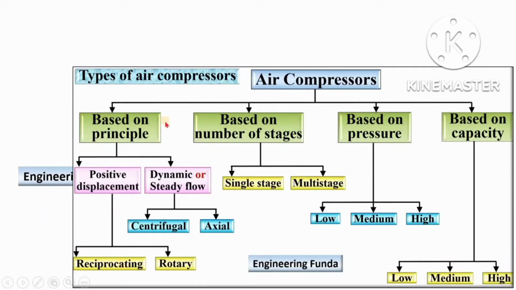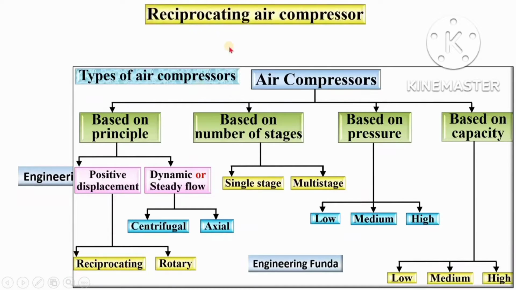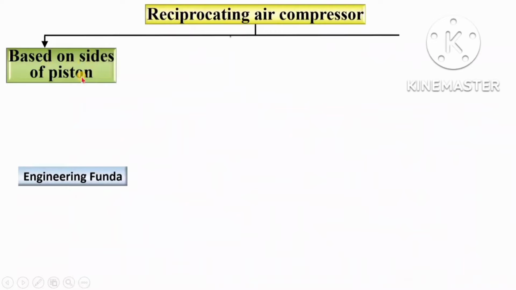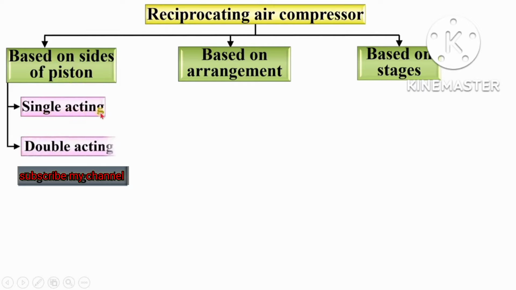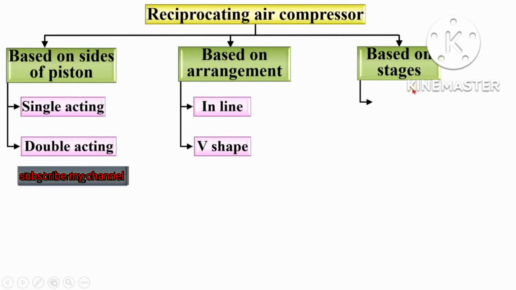Further, reciprocating compressors are classified based on sides of piston, based on arrangement and based on stages. So let's see first, based on sides of piston, it is classified as single acting and double acting compressor. Based on arrangement, they are classified as inline compressor and V-shaped compressor.